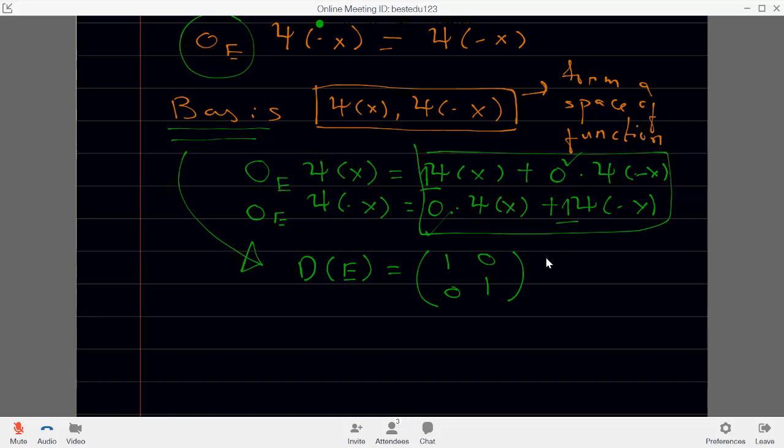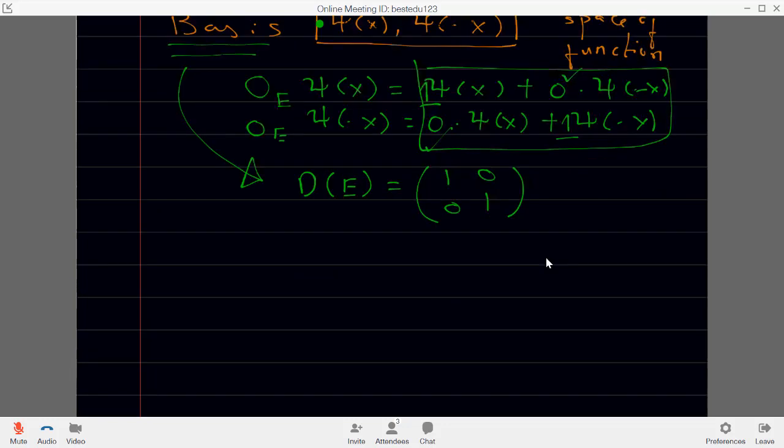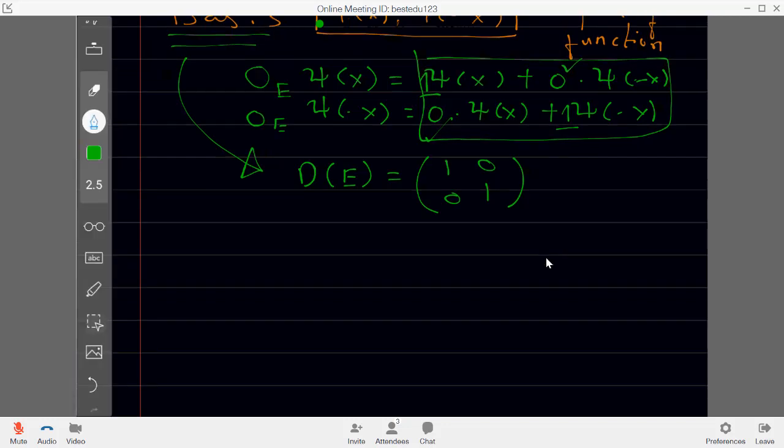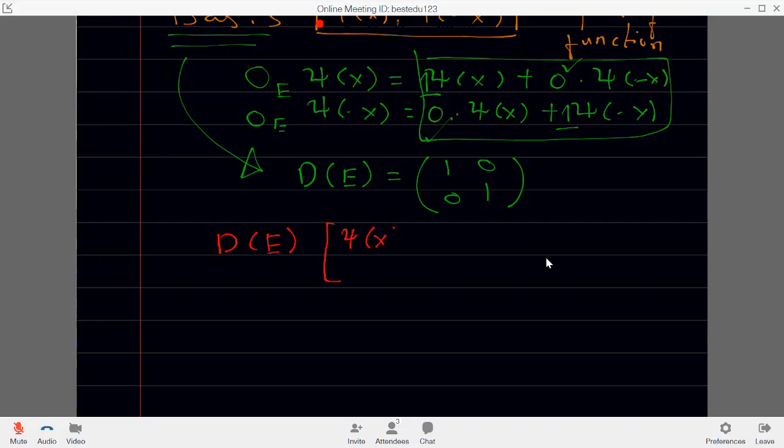Okay, now let's do the reverse. Now let us check that this is a correct way of denoting. So let the matrix representation of my group element act on the basis. The basis was psi of x and psi of minus x. When you do this, you should make sure you get the correct result, and yes, you get the correct result. What do you mean by correct result? The meaning of correct result is when you multiply the matrix with this.